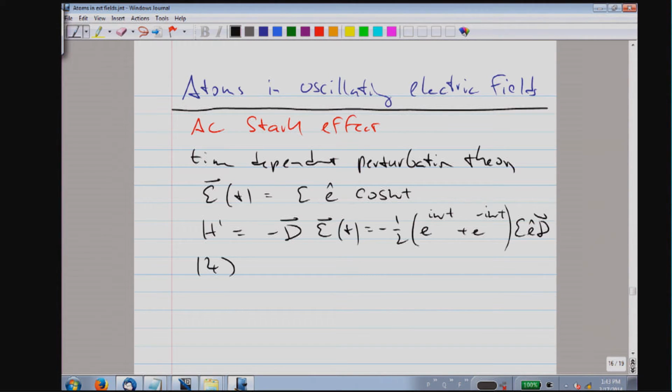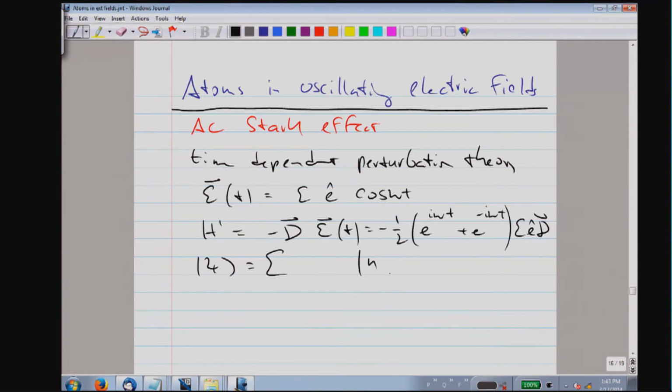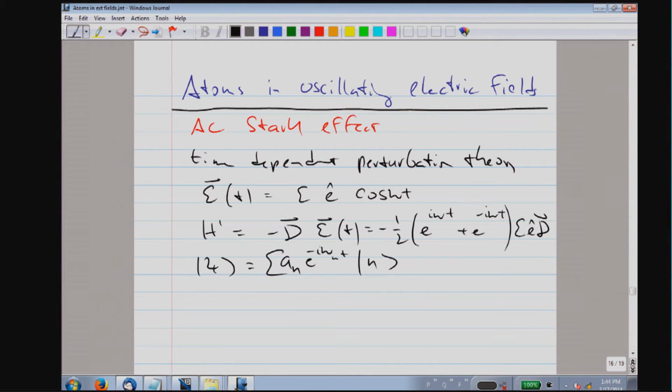You find more details about it on the wiki, but all you do is you parameterize your wave function, you expand it into eigenstates with amplitude a_n, and then you put it into the Schrödinger equation and assume that for short times the atom is in the ground state, the amplitude of the ground state is 1, and the amplitude of the excited state is infinitesimal, so that you can use a lowest order perturbation.